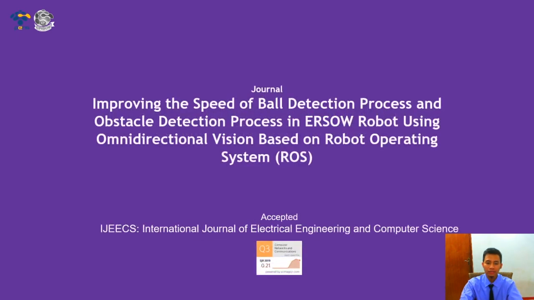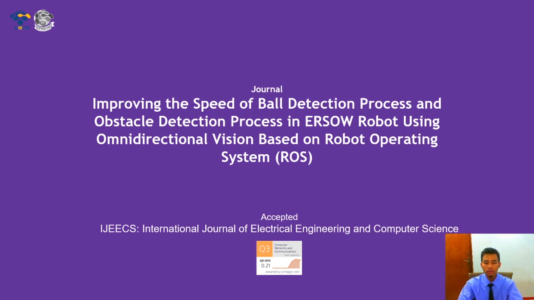And the last is in IJEECS, the International Journal of Electrical Engineering and Computer Science, with quartile 3. The type is journal, and the title is Improving the Speed of Ball Detection Process and Obstacle Detection Process in Aerosol Robot using Omnidirectional Vision based on Robot Operating System, or ROS.